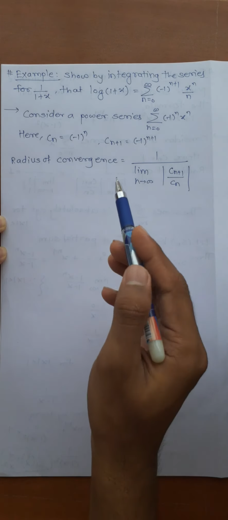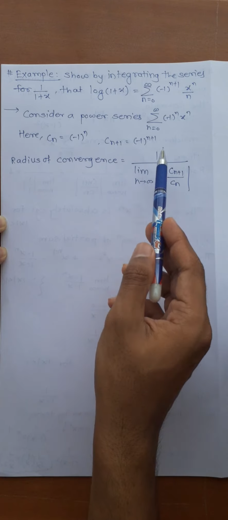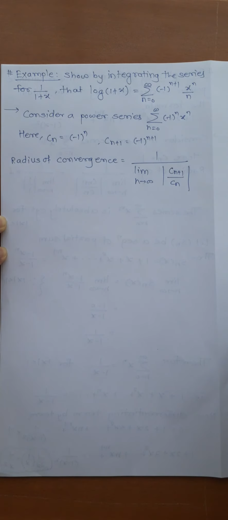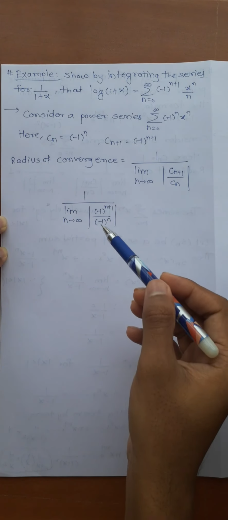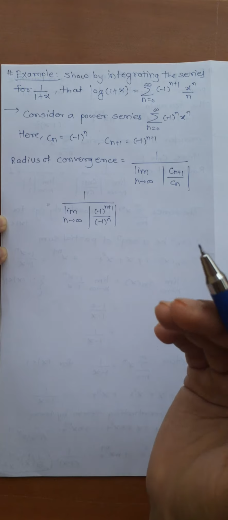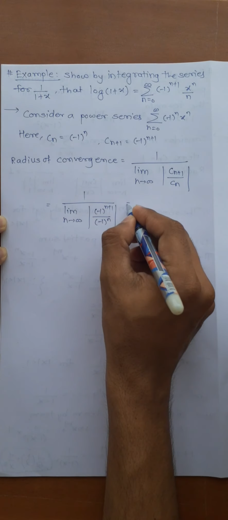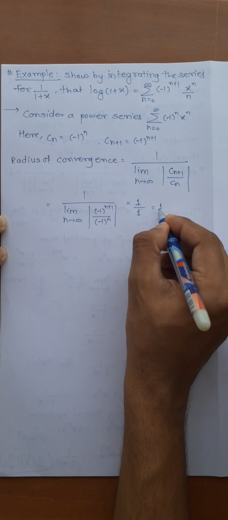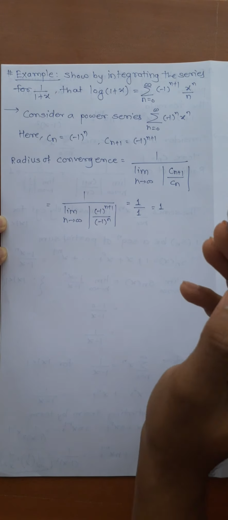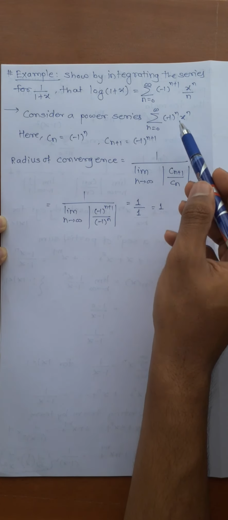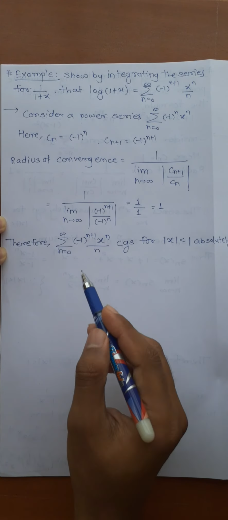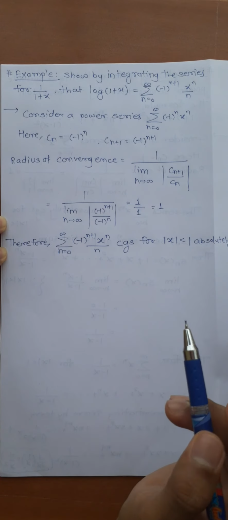So now I'm going to put Cn+1 as (-1)^(n+1) here, and Cn is (-1)^n. But actually (-1)^(n+1) doesn't matter, the mod is there, which means obviously it will give 1. So 1 upon denominator also 1, so 1. So the radius of convergence is 1. That's why we can say this series is convergent for mod x less than 1. Therefore this series converges absolutely for mod x less than 1.